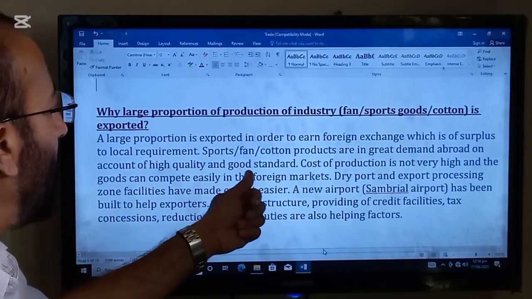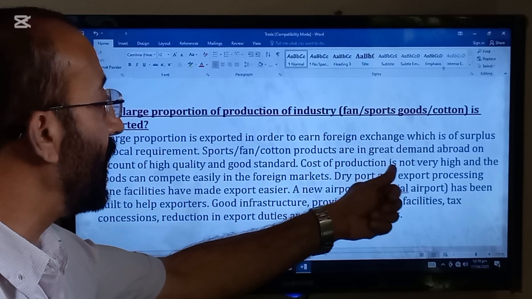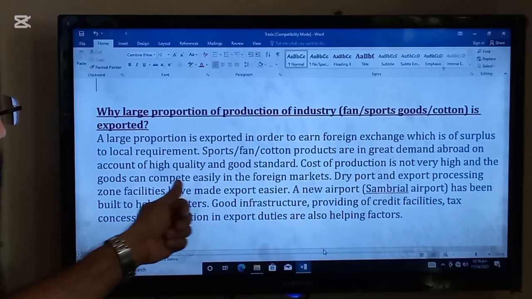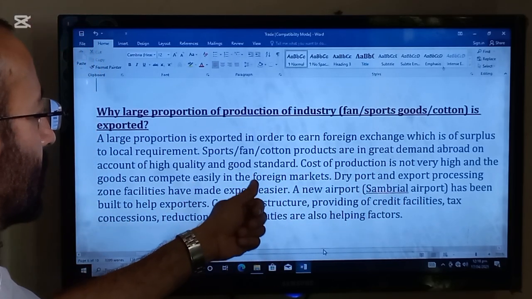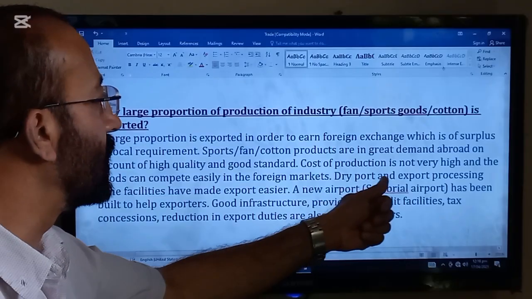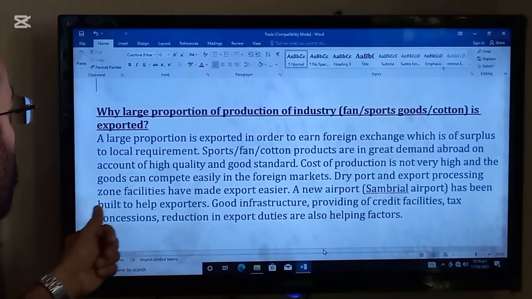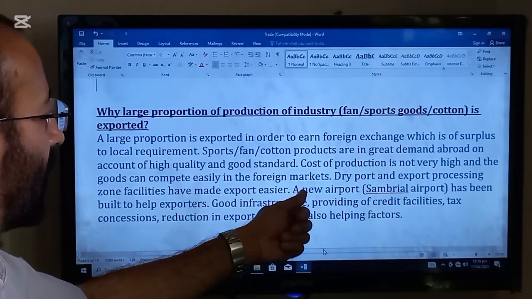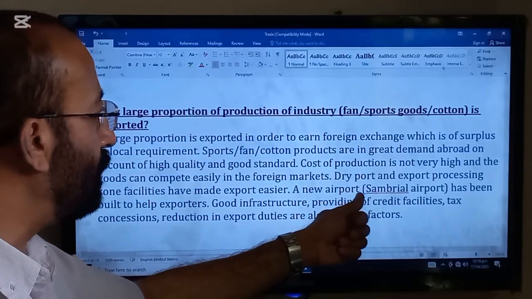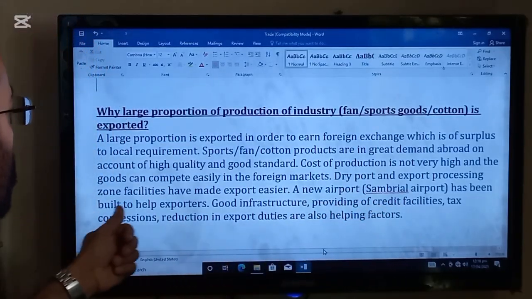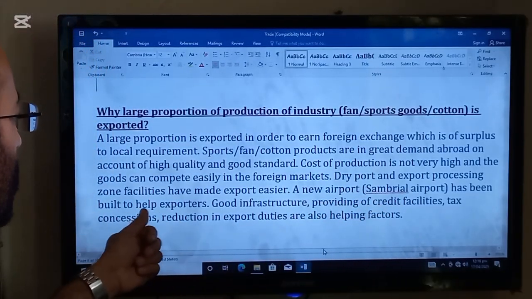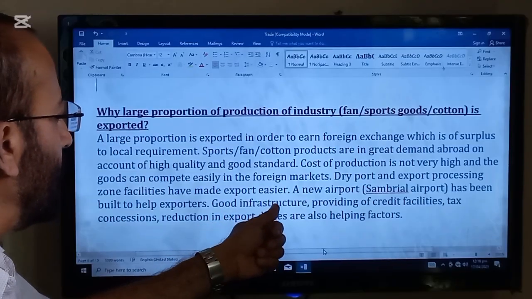Next, sports, fan and cotton products are in great demand abroad on account of high quality and good standard. Next, the cost of production is not very high, and the goods can compete easily in foreign markets. Next point is tripod and export processing zone facilities have made export easy.